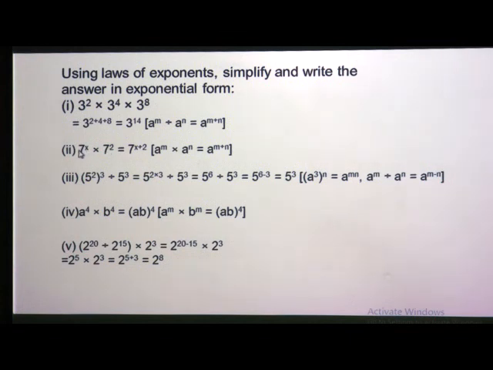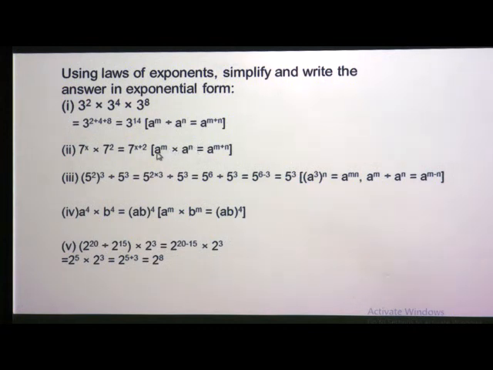Now the bases are the same, so the powers should be added. So we add x plus 2. Here we have a raised to m into a raised to n.